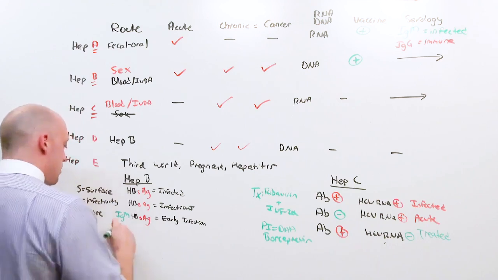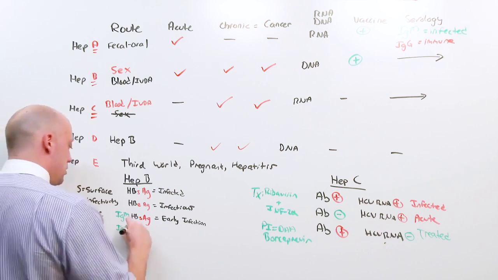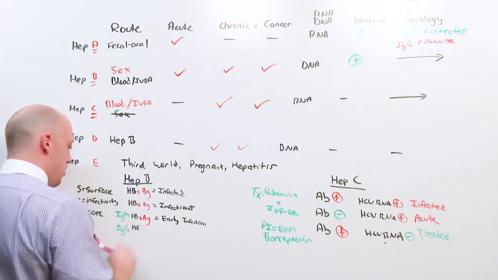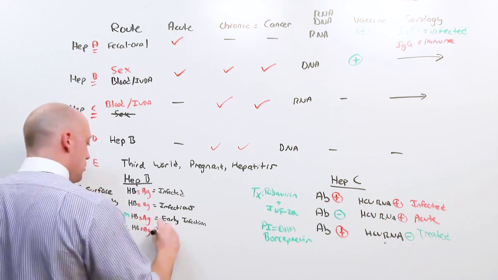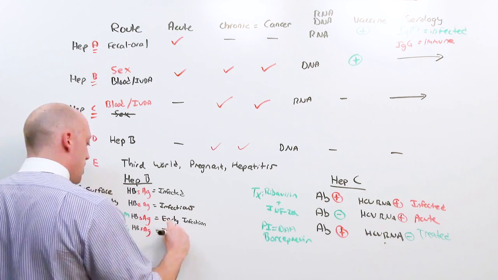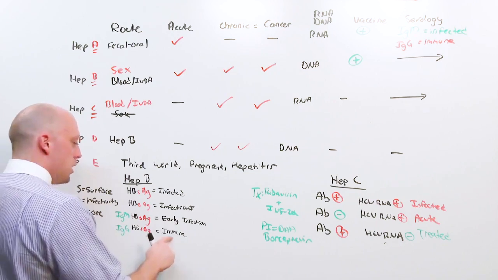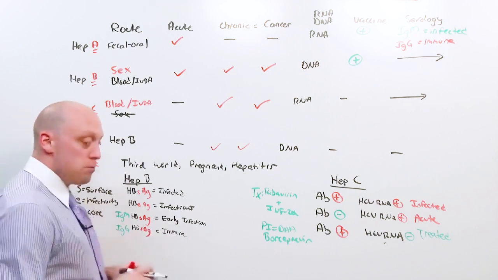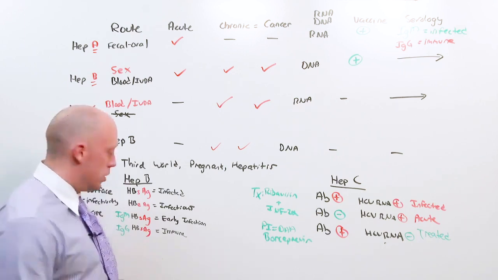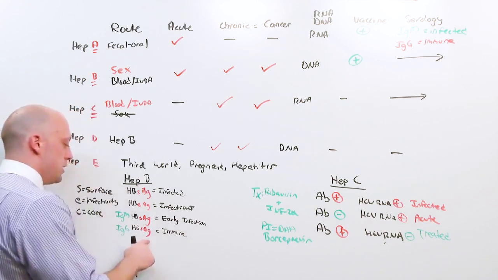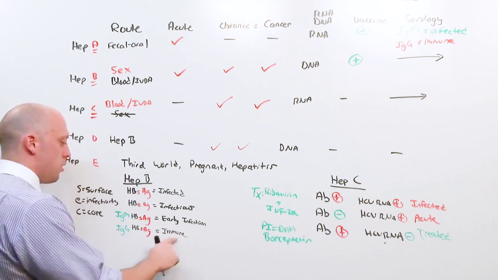If you have an antibody, IgG, to the surface antigen, you are immune. But you don't know how you got that immunity. Both being exposed and clearing the virus, as well as the vaccine, will give you the surface antigen antibody. But having that pattern means you are immune.